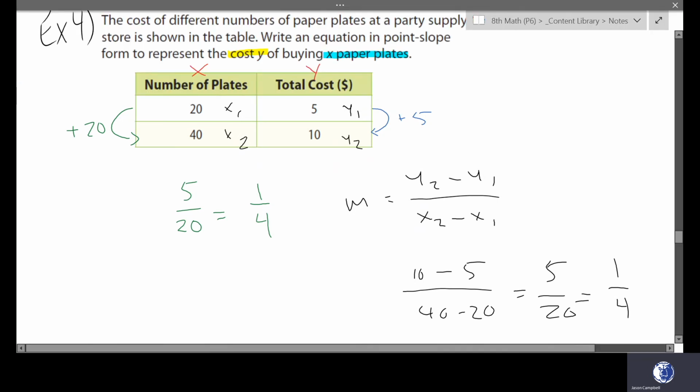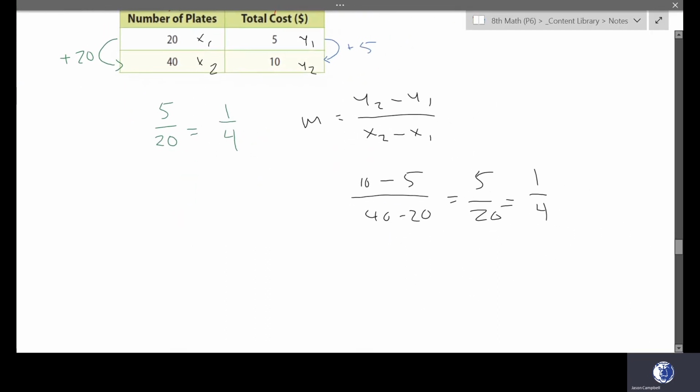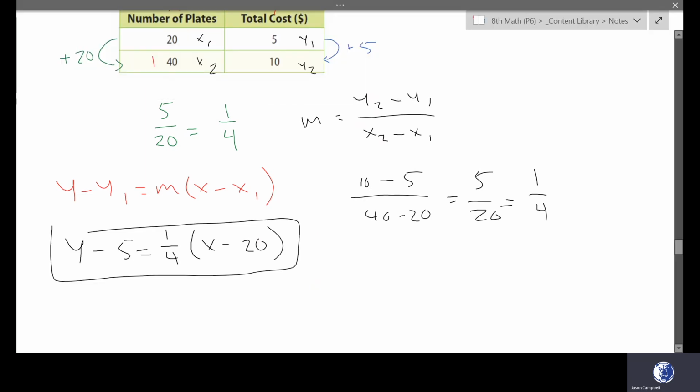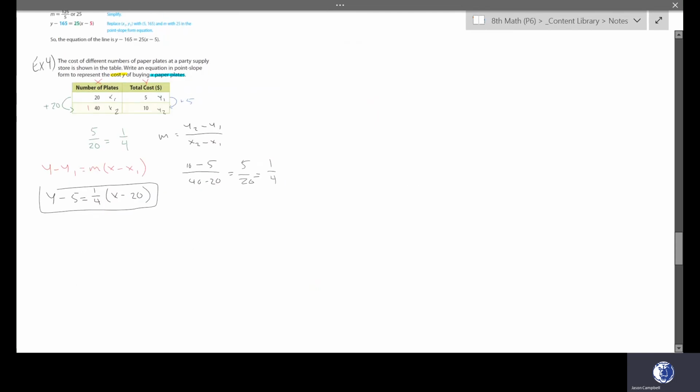Now that I know my slope, I'm going to plug my slope and my x1, y1 into the point-slope formula, which is y minus y1 is equal to m multiplied by x minus x1. So when I plug in my values, I get y minus 5 is equal to 1/4 times x subtract 20. And that is my final answer.